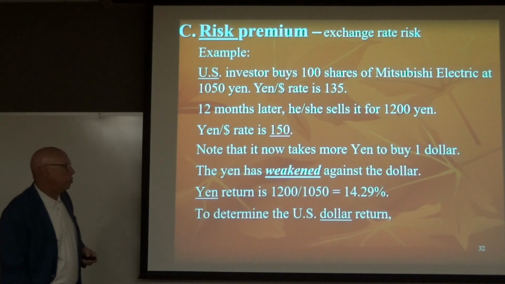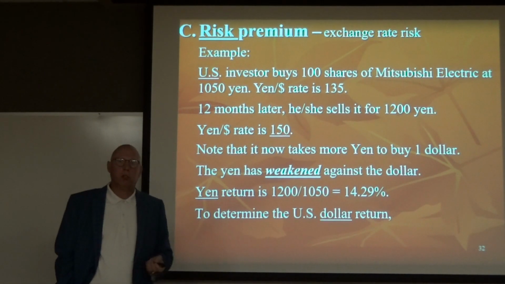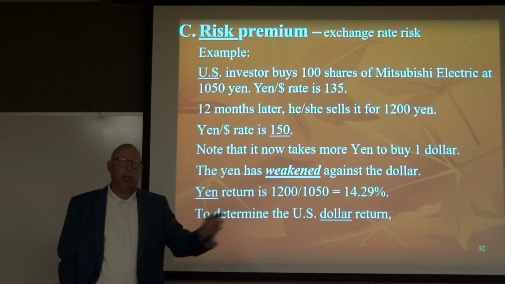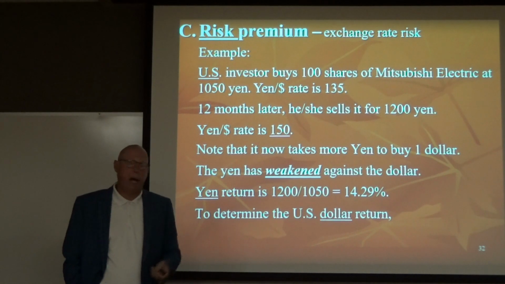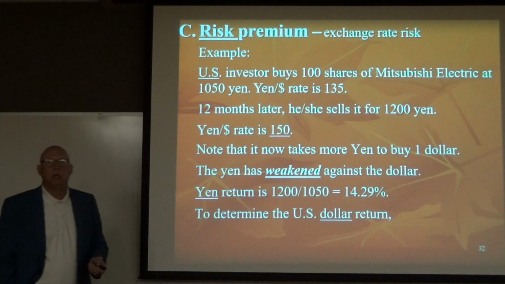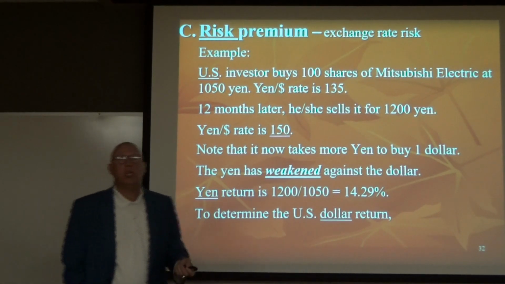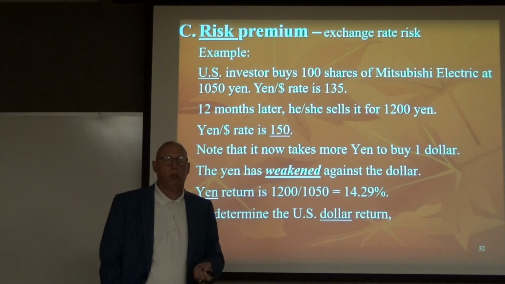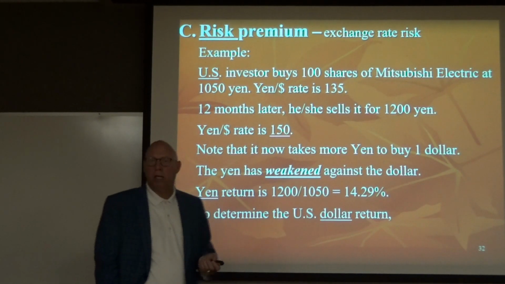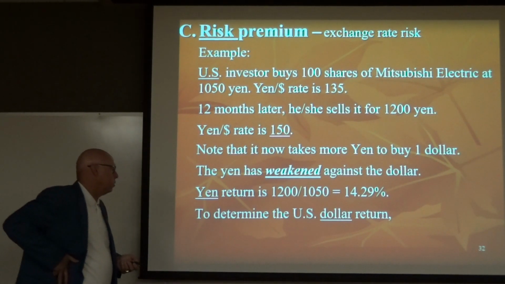But to determine our dollar return, if we sell the stock and now we want to convert our yen back into dollars and take our money out of Japan back into the United States, okay? The yen has weakened, so we will not receive as many dollars for the yen that we generated by selling the stock.